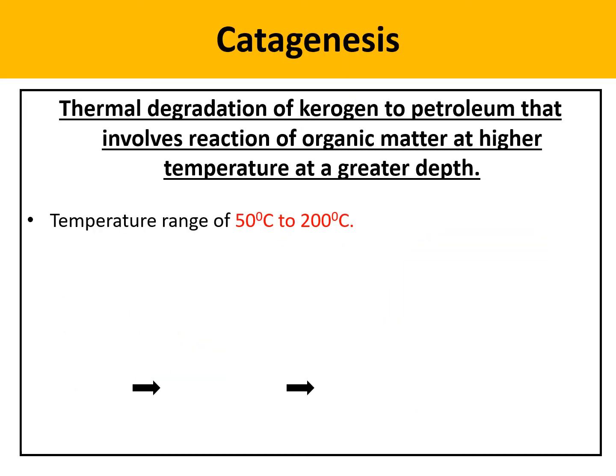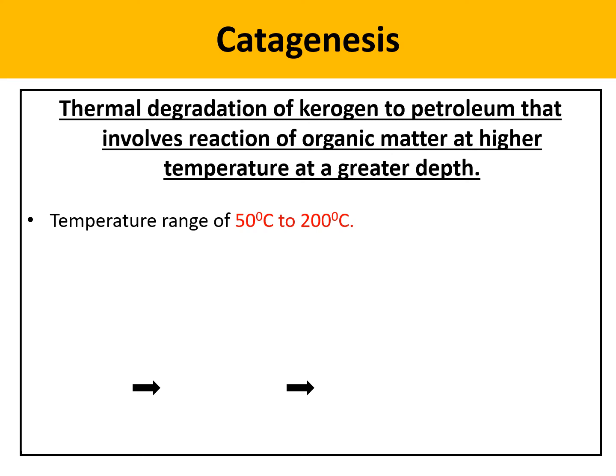Next, you will learn about the catagenesis process of petroleum generation. This is the second stage of maturation, where it involves the thermal degradation of kerogen to petroleum, involving reactions of organic matter at high temperature at a greater depth.